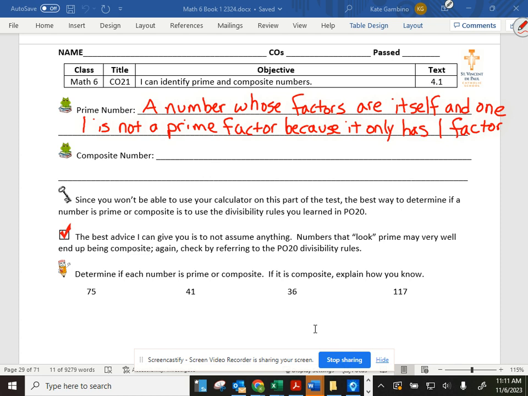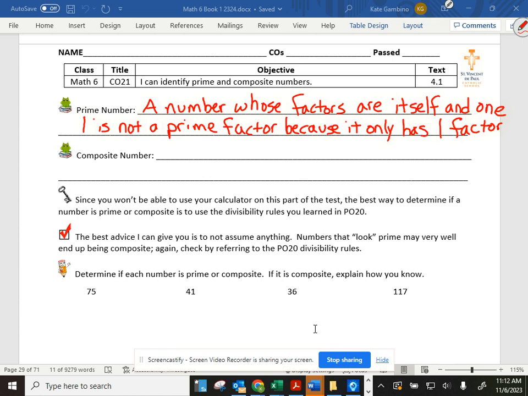Would 3 be a prime number? What 2 numbers can I multiply together to get to 3? 1 times 3. There's nothing else I can multiply to get to 3. So 3 is a prime number.